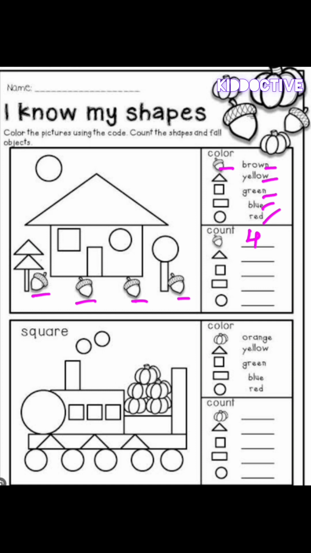Now coming to triangle. So how many triangles? 3 triangles. Now coming to square. Only 1 square. So we can write here 1. Now coming to rectangle. How many rectangles?